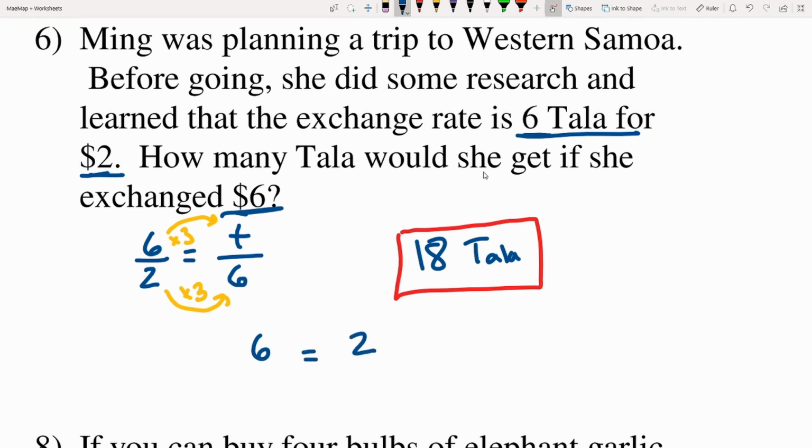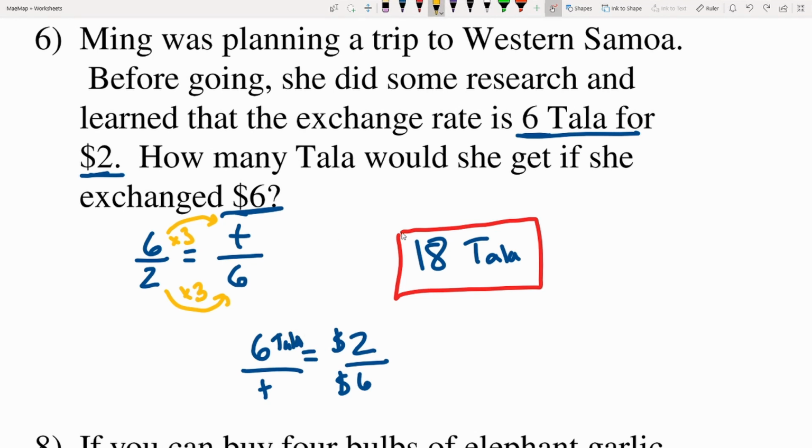And then how many tala would she get if she exchanged $6? So this is going to be 6 tala, this is $2. I'm going to write my t for tala because that's what I'm solving for, and the linked dollar amount to that is $6.